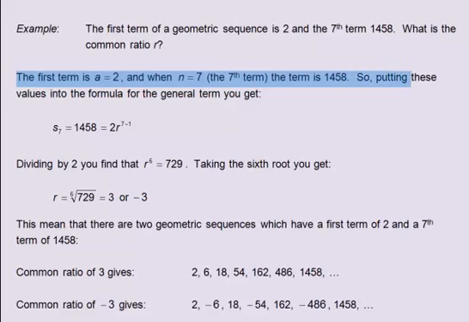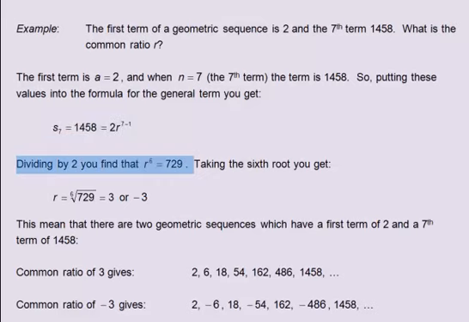So, putting these values into the formula for the general term, you get S7 equals 1458, which equals 2 multiplied by r to the power 7 minus 1. Dividing by 2, you find that r to the power 6 equals 729. Taking the sixth root, you get r equals the sixth root of 729, which equals 3, or minus 3.